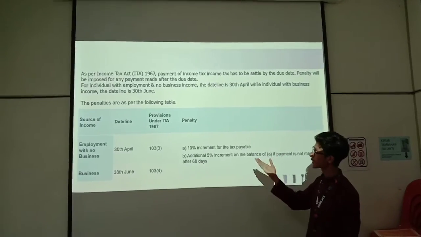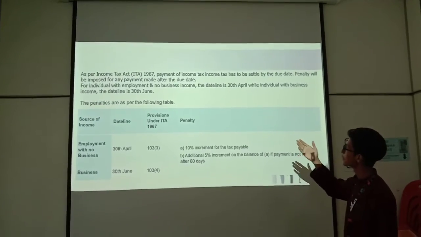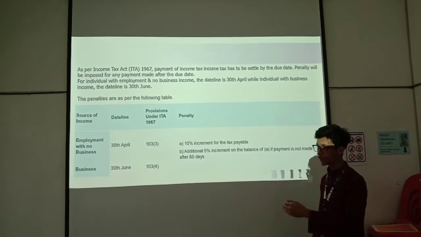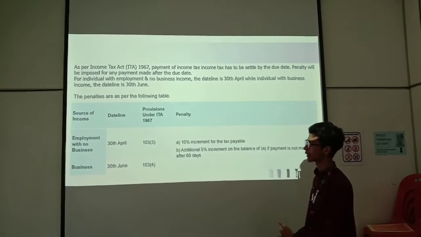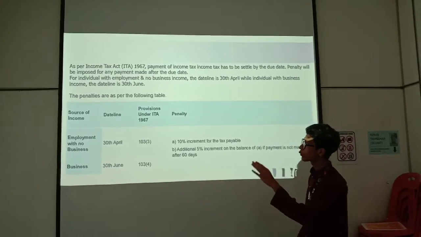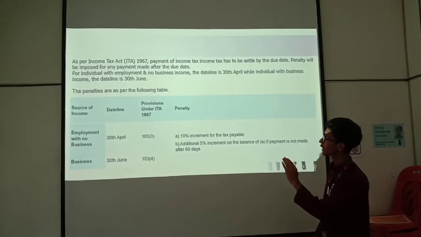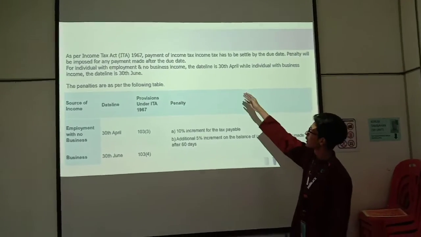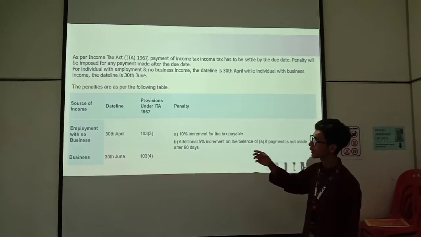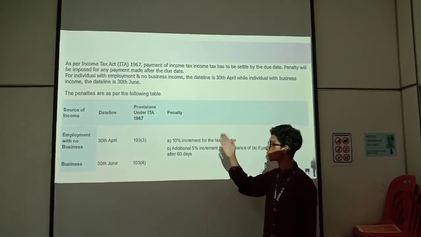Based on the Act, payment of income tax has to be settled by the due date. When the person goes over the due date, there will be a penalty. Based on the Act, for the individual with employment and no business income, the deadline is 30 April, while the individual with business income, the deadline is 30 June.